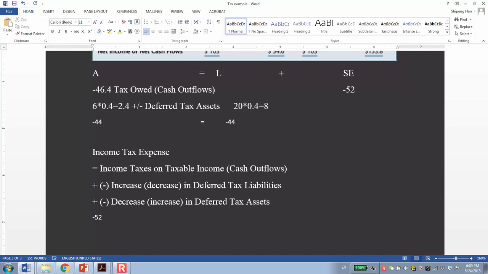It equals 46.4 plus 8, because the 8 is an increase in deferred tax liability, and we should add it. And the increase of 2.4 in deferred tax assets, so an increase should be subtracted: minus 2.4.